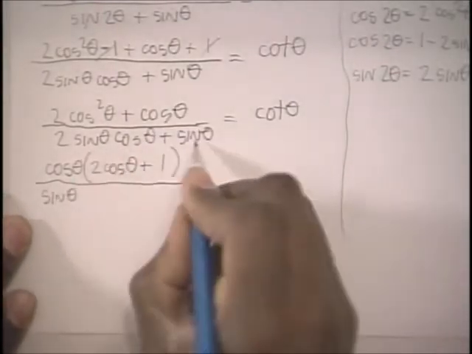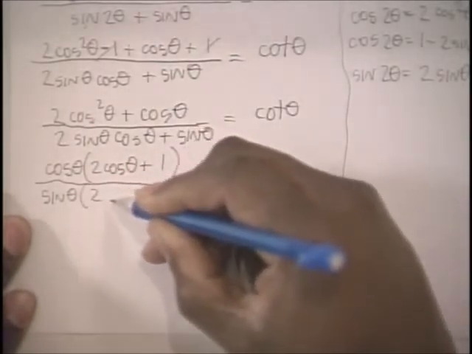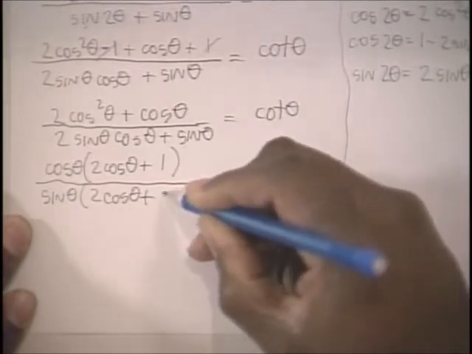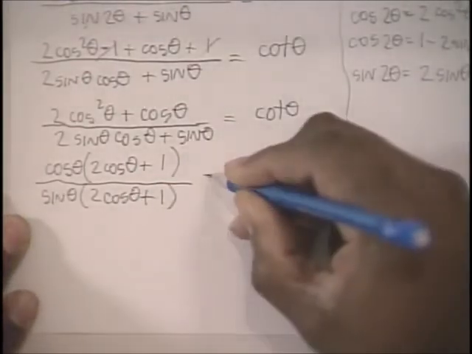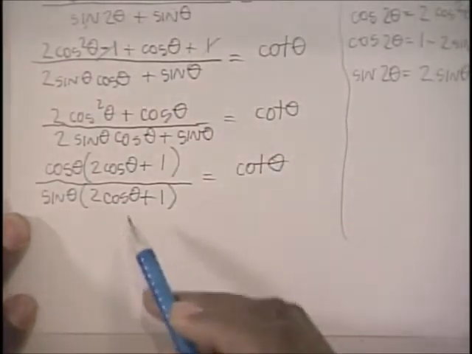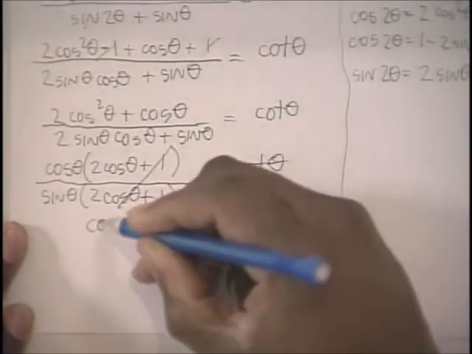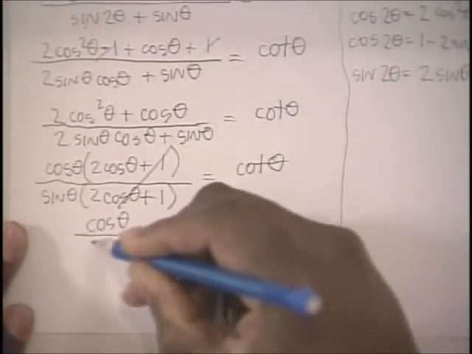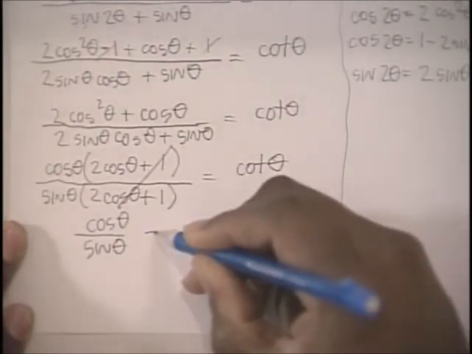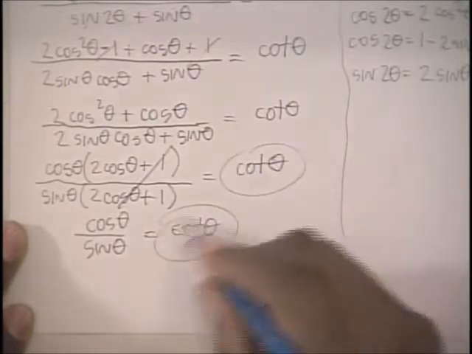There's a sine theta common between these two. And you end up with 2 cosine theta plus 1. All right? And they're saying that this is equal to the cotangent of theta. And what I'd like you to be able to see is there's cancellation there. So you end up with cosine theta over sine theta. And indeed, that does equal the cotangent of theta that they said that it should.